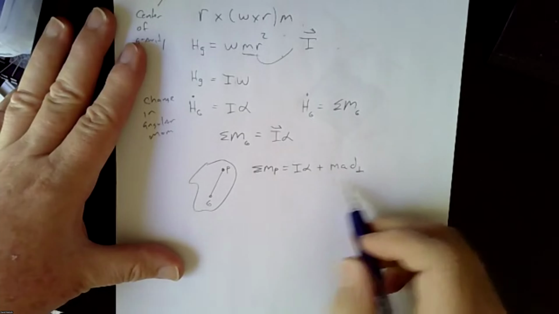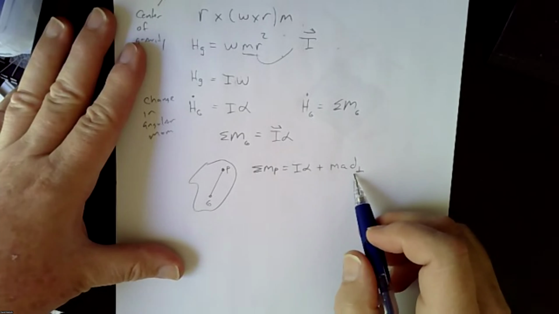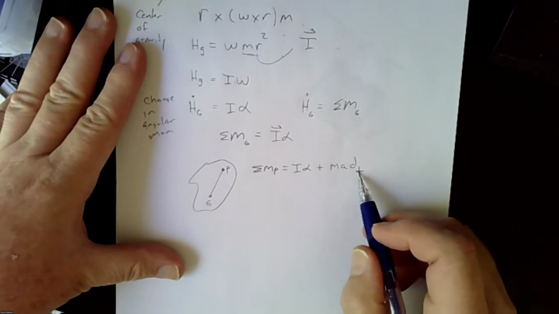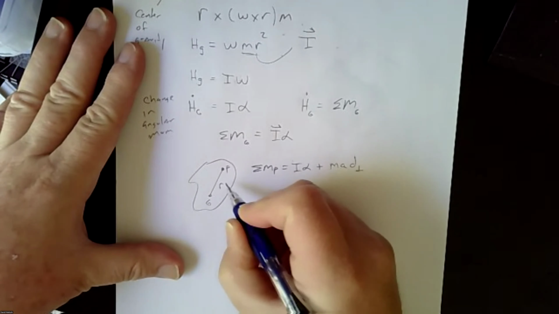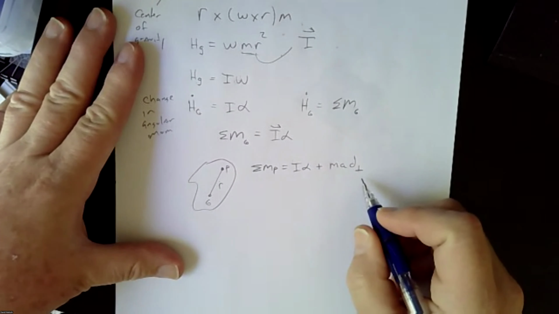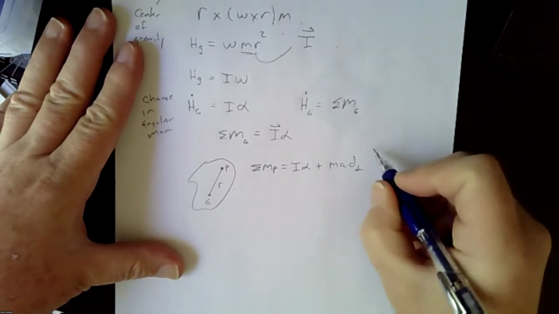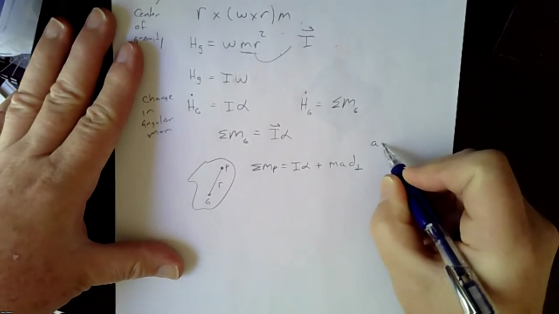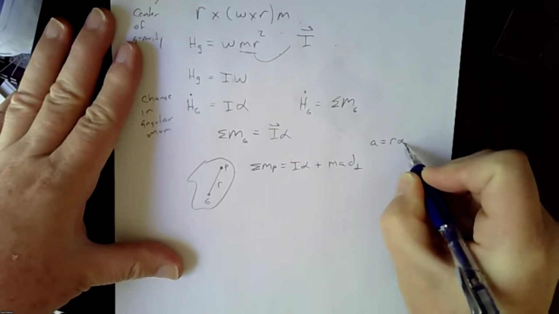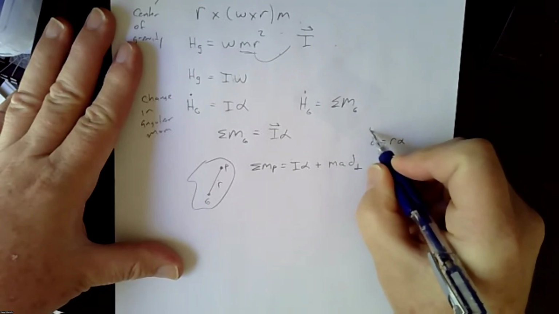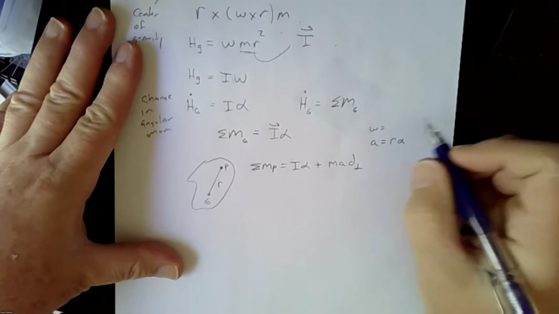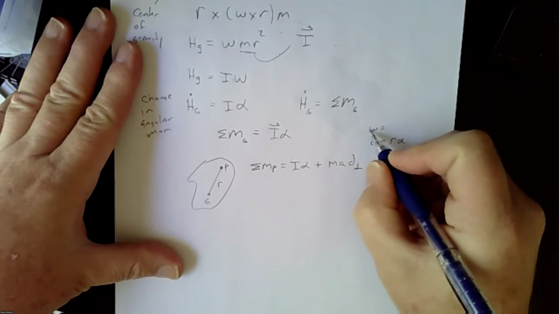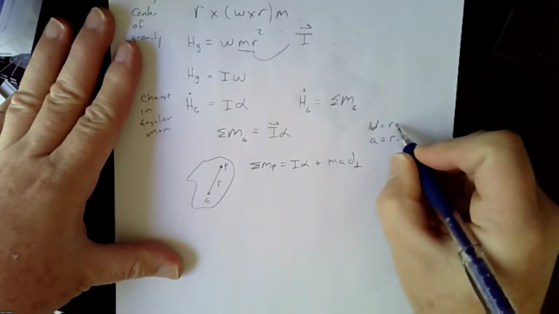Now, what this comes from is this is saying that D perpendicular is this distance R here, okay? And we know that acceleration equals R alpha, right? Just like velocity equals r omega.